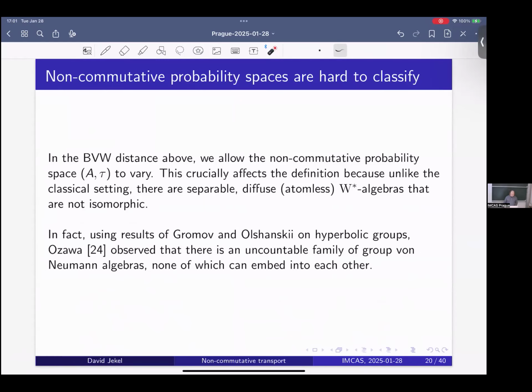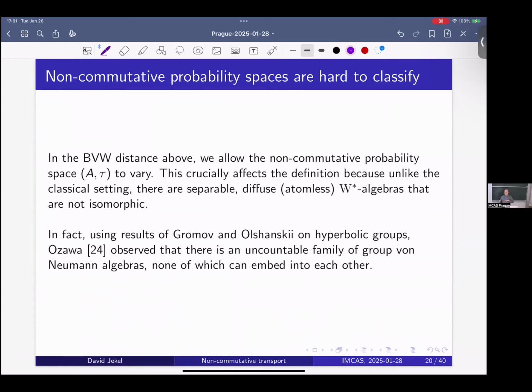Right, it's really this having uncountably many distinct quotients property, right? Somehow the geometric group theory is used to construct these things.